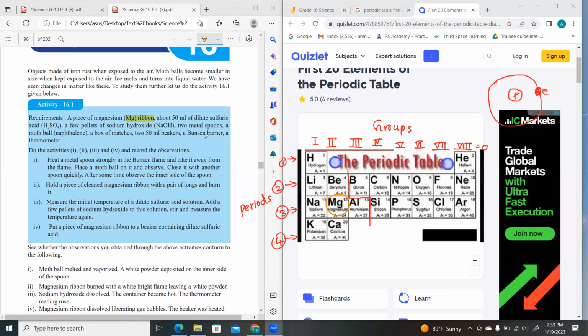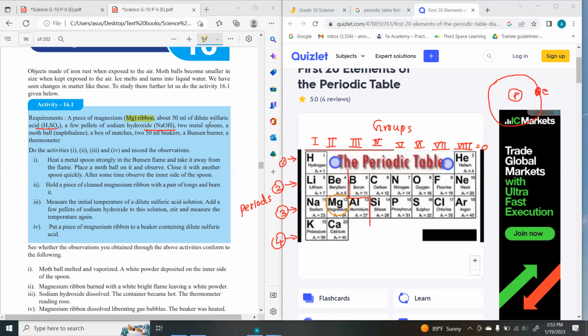So magnesium is over there. They are saying about 500 milliliters of dilute sulfuric acid. They're taking dilute sulfuric acid and a piece of magnesium, and a few pellets of sodium hydroxide. Sodium hydroxide has also been taken.